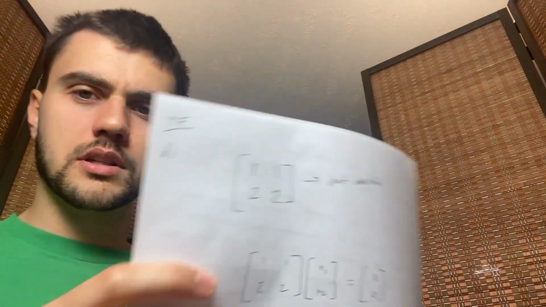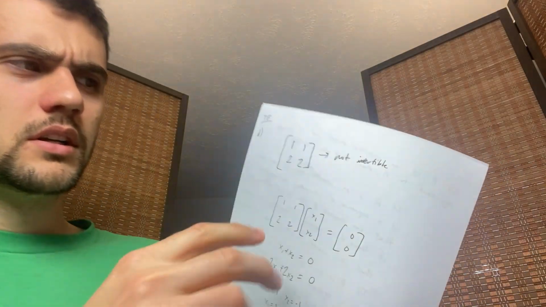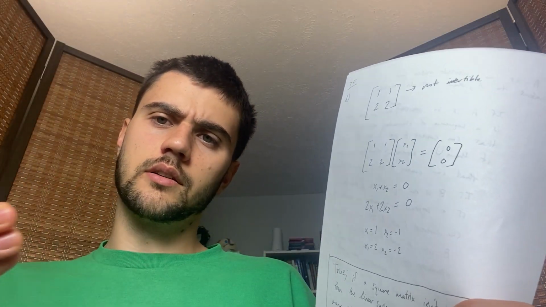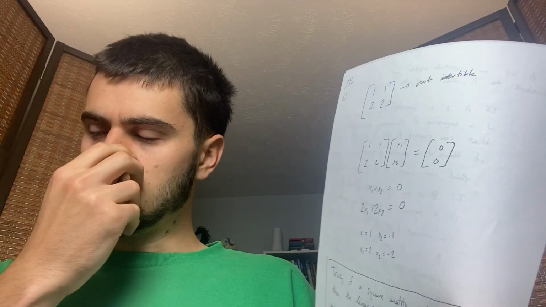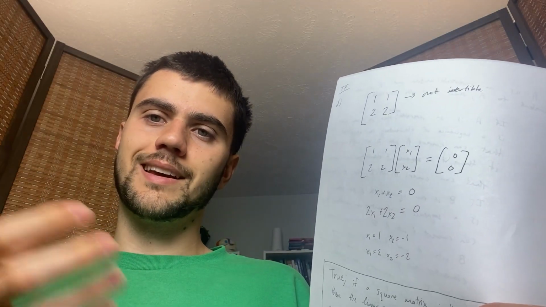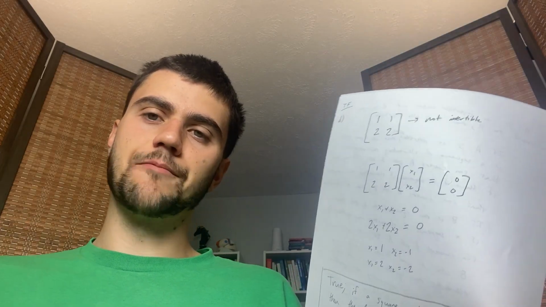True or false? This one was about the row equivalence theorem. It's basically saying if there's a square matrix that is singular, aka it's not invertible, then the linear system denoted A times X equals 0 has infinitely many solutions.